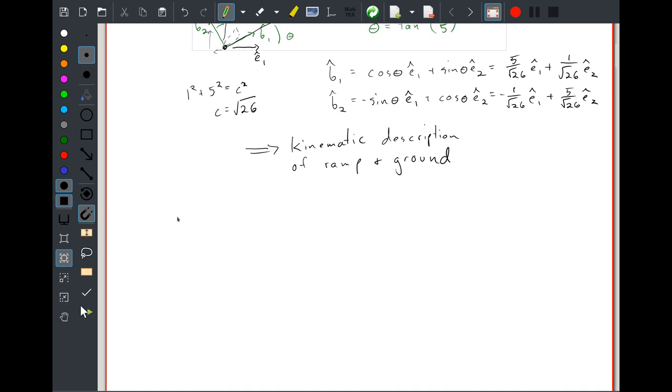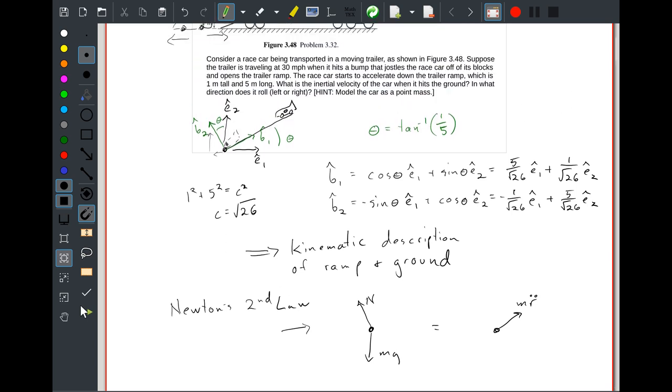Now let's look at the mechanics. So use Newton's second law. We'll say that there's a normal force and gravity, and that's got to be equal to m r double dot, because what I'm going to say is that this distance is r.